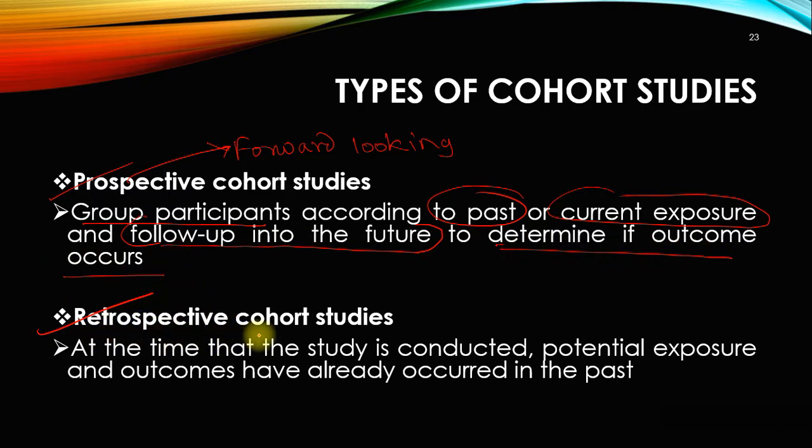In case of a retrospective cohort design, at the time that the study is conducted, the potential exposure and outcomes have already occurred in the past. So when we start with the retrospective study, the exposure and the outcomes have already occurred.